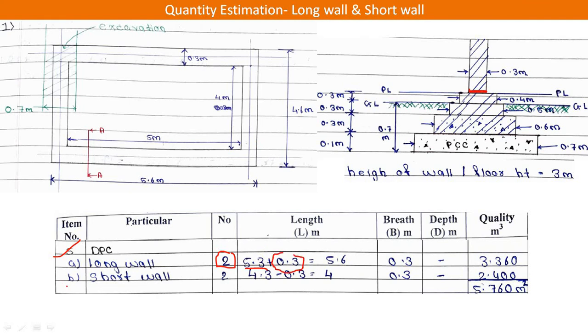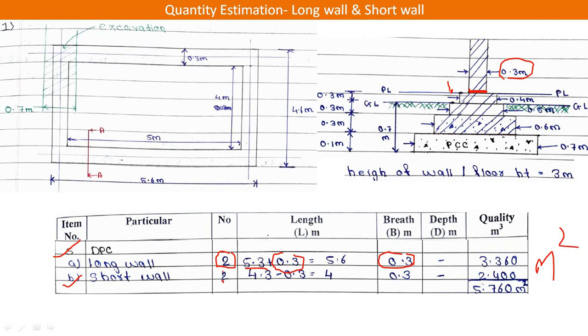And similarly for the short wall. For the long wall, the width will be 0.3 as given in the figure, and there will not be a depth, because the depth of the DPC is so small that it should be neglected. We generally neglect the depth of the DPC, so its quantity will come in meter square.